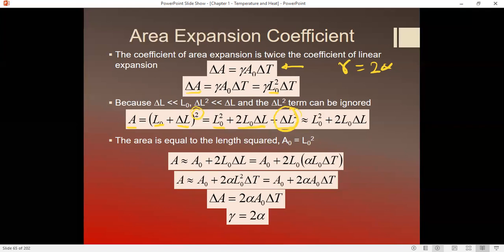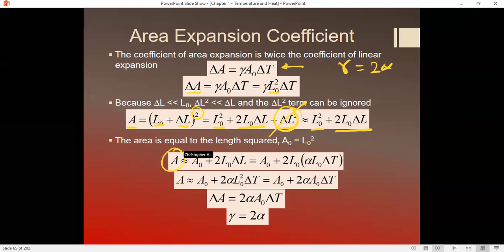Okay? Remember the Eiffel Tower? It's 300 and some meters tall, but only changed by 8 centimeters. That small fraction squared is even smaller. So generally, we can just ignore this, and my new area becomes the original area plus this term right here. Okay?